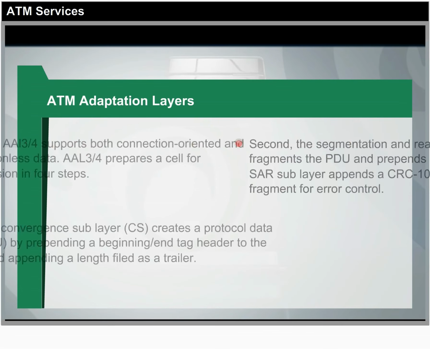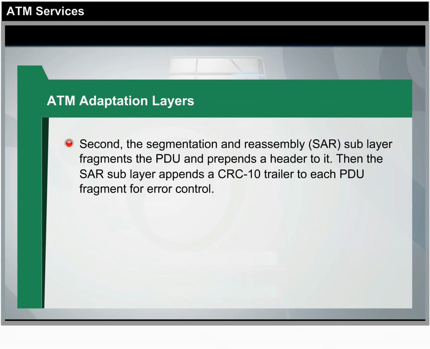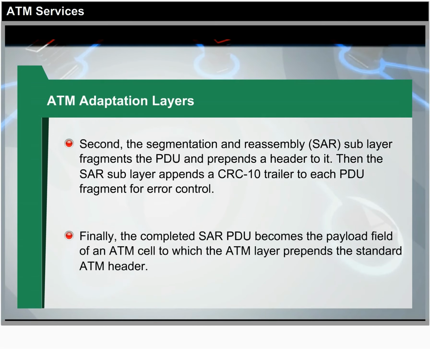Second, the segmentation and reassembly, SAR, sublayer fragments the PDU and prepends a header to it. Then, the SAR sublayer appends a CRC10 trailer to each PDU fragment for error control. Finally, the completed SAR PDU becomes the payload field of an ATM cell to which the ATM layer prepends the standard ATM header.